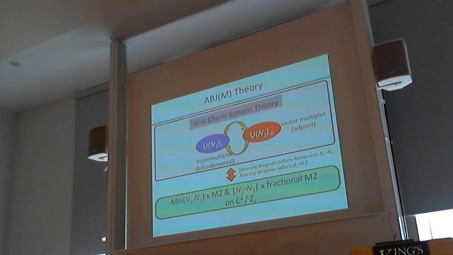Besides the vector multiplet in the adjoint representation, we also have hypermultiplets in the bifundamental representation. If N1 and N2 are equal, we only have M2 branes. But if one of them is bigger, then this will be some fractional M2 branes.